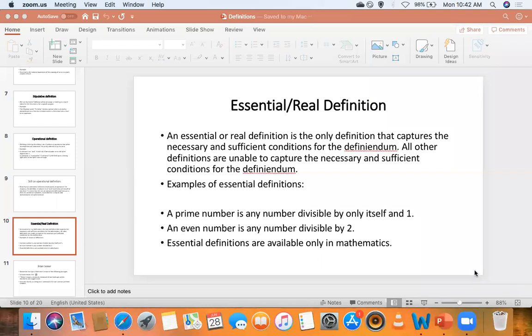Okay, so I'm trying to make you understand what distinguishes essential definitions from other definitions.